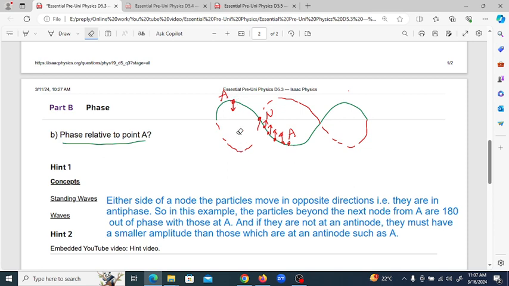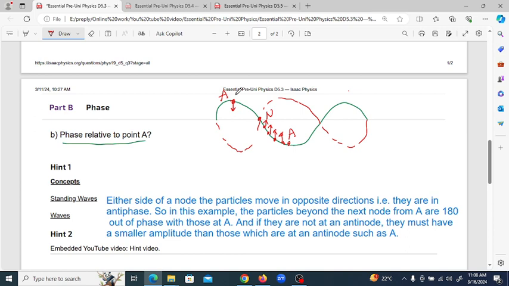At point A the particle moves downward, while all the other particles after the node are moving up. So they are moving opposite to one another.